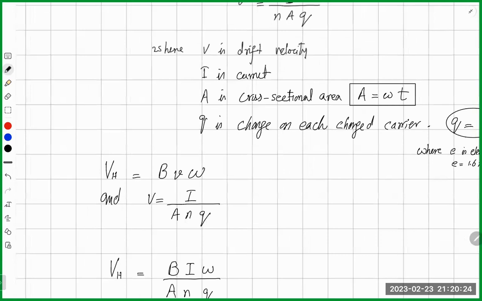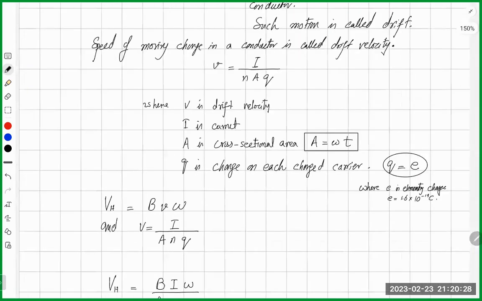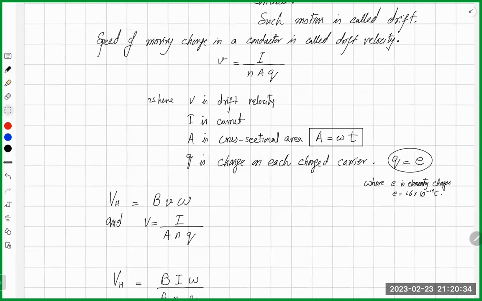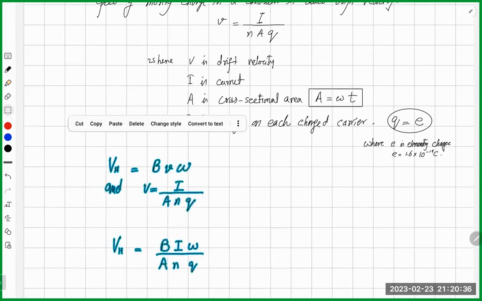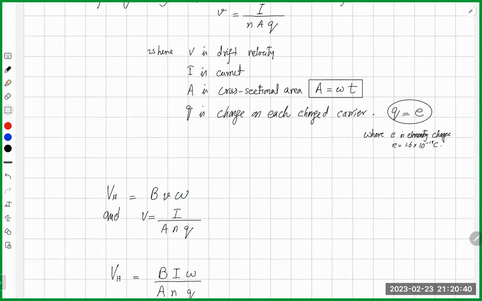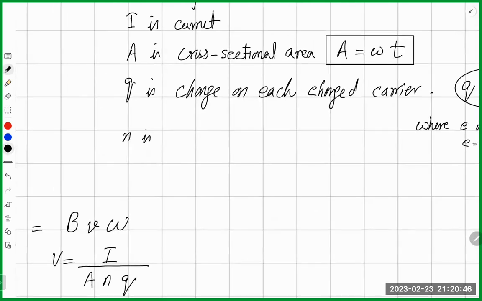Oh, I did not mention what N is. I made the whole list because everybody knows what Q, A, and I are. The only thing that was important was what N is. Normally, we think that N is a number, but in this case, N is not a number. It is charge density or number density. N is number density.